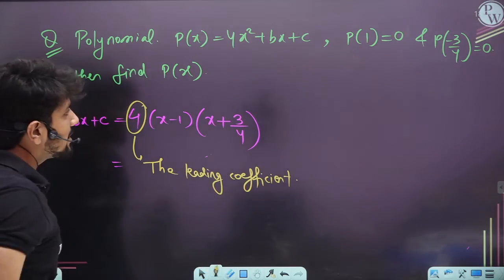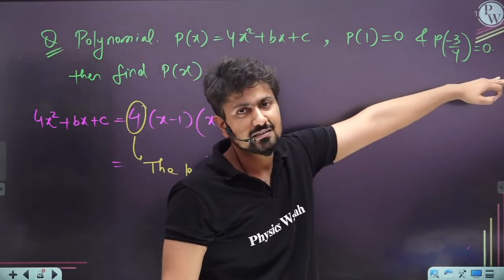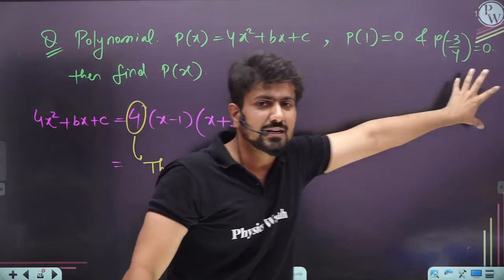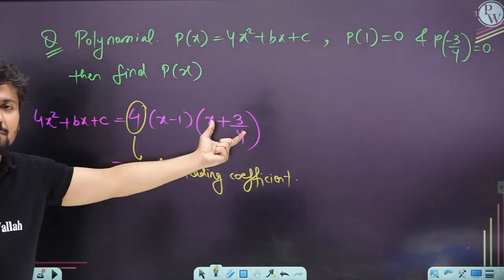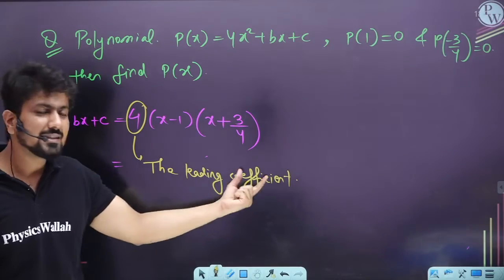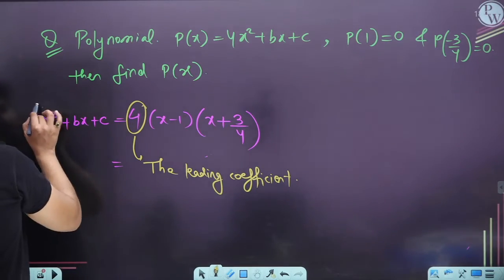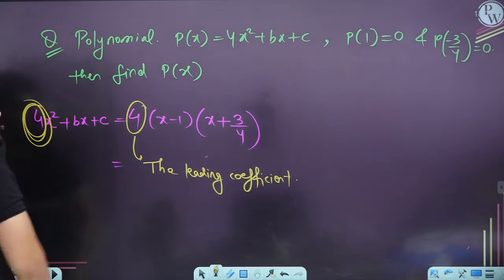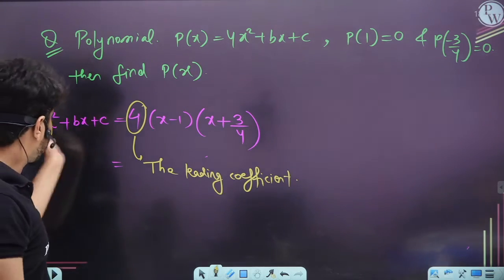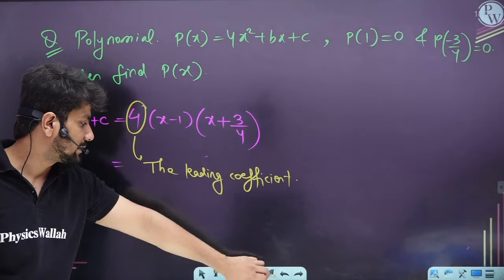These two pieces of information are needed to find the factors and to know the polynomial. Here I can observe that the leading coefficient of x square is 4. Now these two sides are the same.